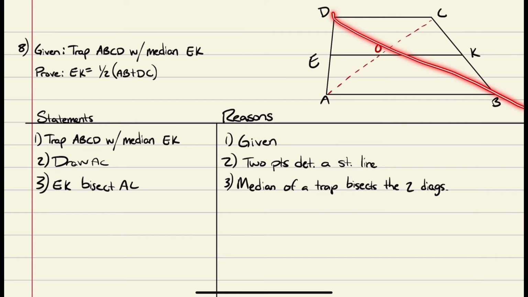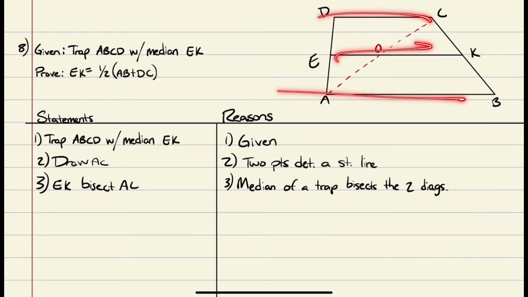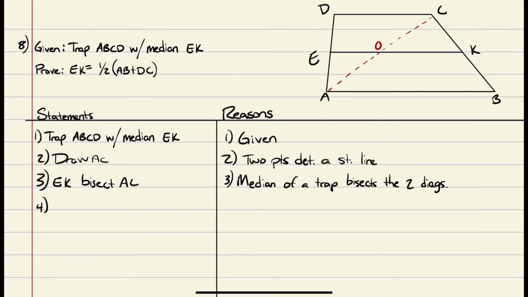Number 4, I can say that E is the midpoint of AD. E is the midpoint of AD. And K is the midpoint of BC.